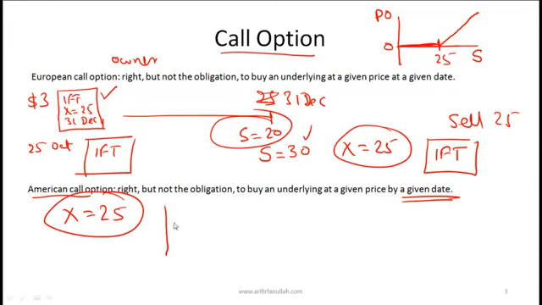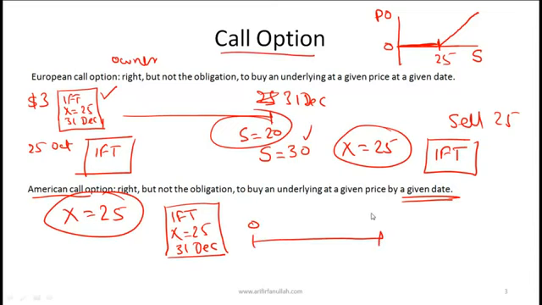So again, let's say that we have a very similar contract where the underlying is 1 share of IFT, the strike price again is 25, and the maturity date is 31st December. But if this is an American option, then any time between now, time 0, and 31st December, the owner of this option can exercise this option.